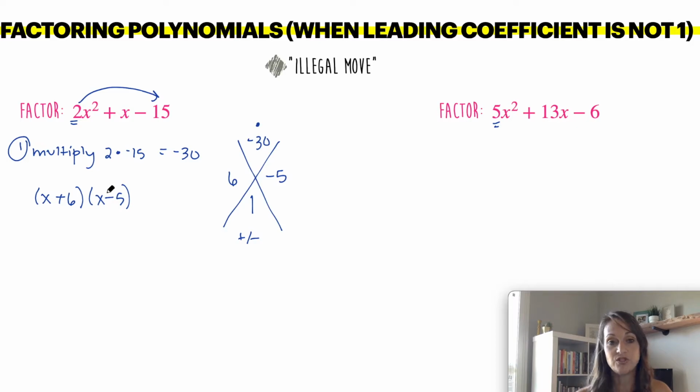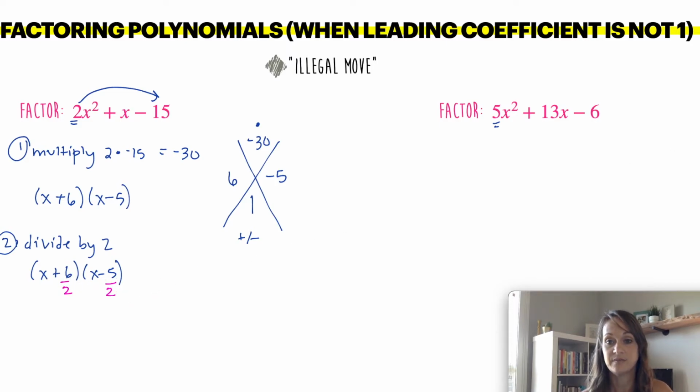Here is where we do the second step. Step 2, where we multiplied by 2 to get -30, we now divide by 2. And so when we do that, we get x plus 6, x minus 5, but we are now going to divide our constants by 2.